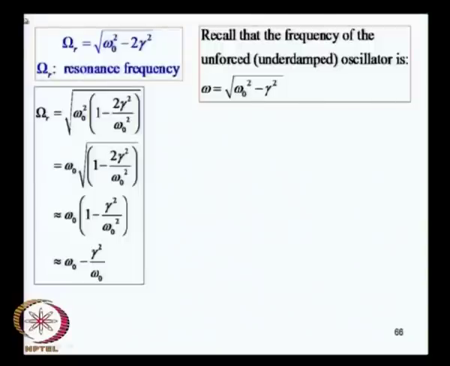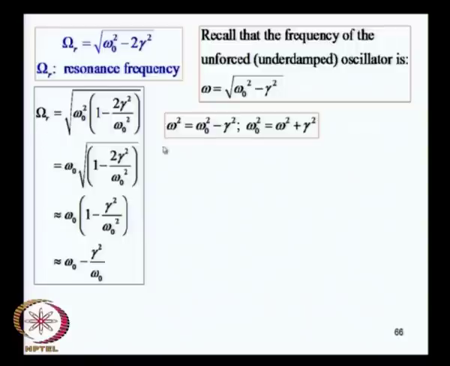I immediately get an approximation in which I must take half of twice gamma square by omega 0 square, which is nothing but gamma square by omega 0 square itself. So, omega 0 minus gamma square by omega 0 gives us an excellent approximation to the resonant frequency.